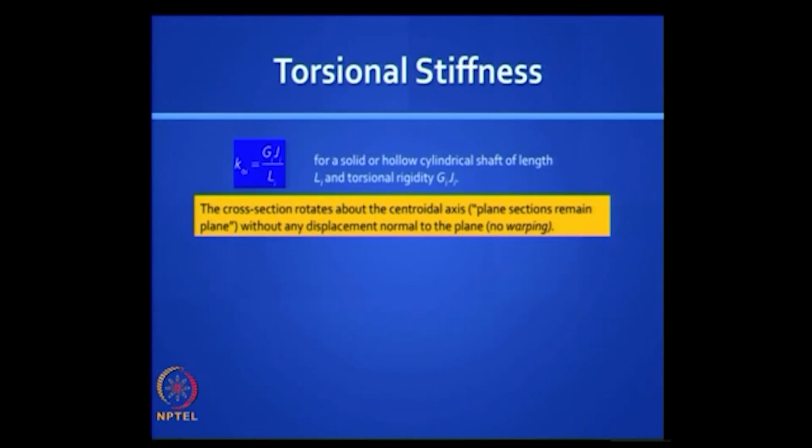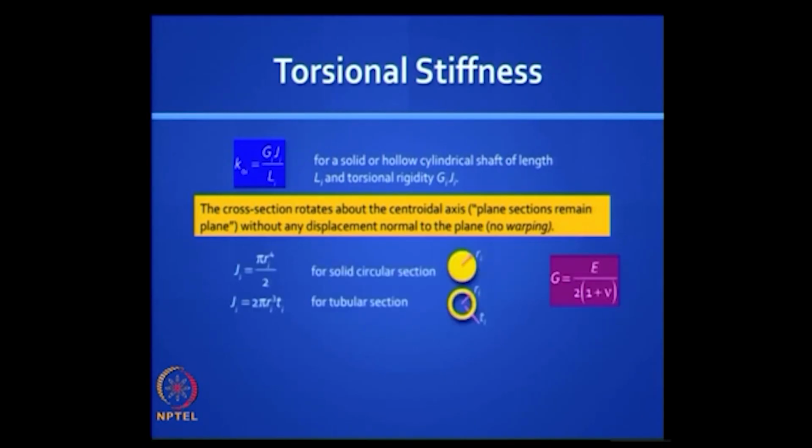Now let us take a look at the perfect circular sections. The polar moment of inertia formulas are very well known. The relationship between shear modulus and elastic modulus in terms of Poisson's ratio is also well known.